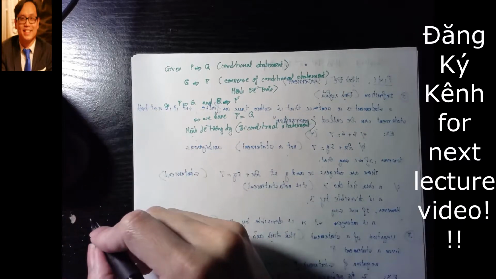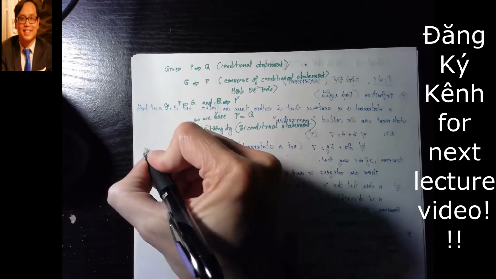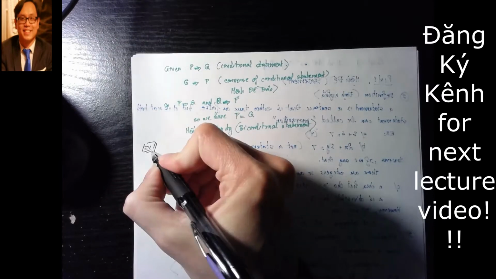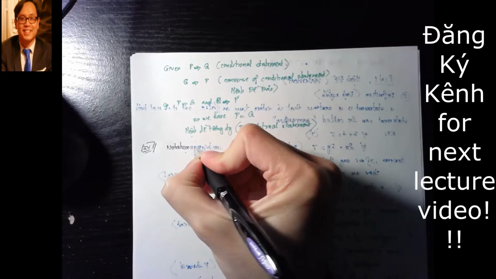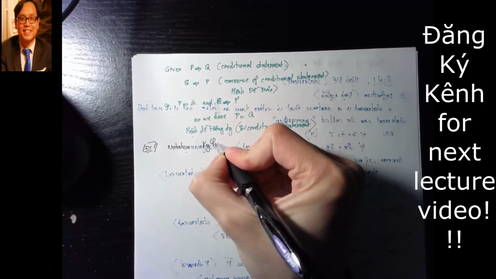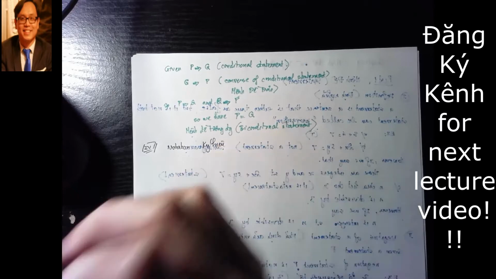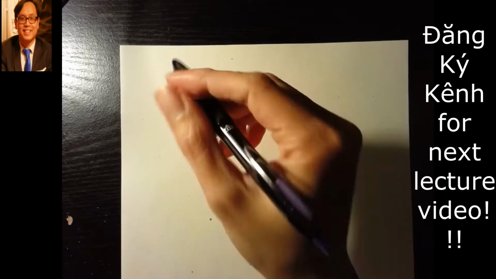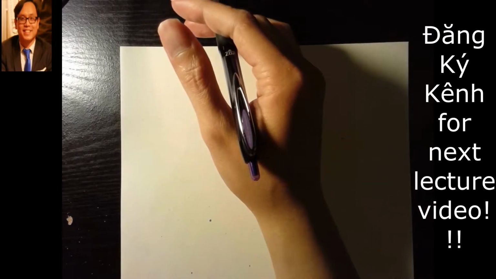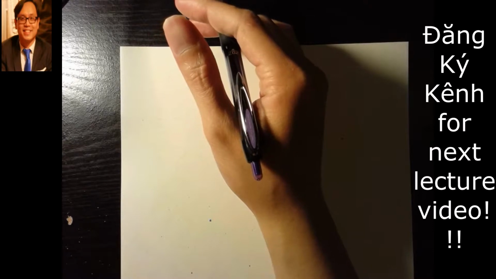Okay, so part 4, phần 4 chúng ta có notation. Notation là ký hiệu. There are two different notations you confront very often in a mathematical textbook.